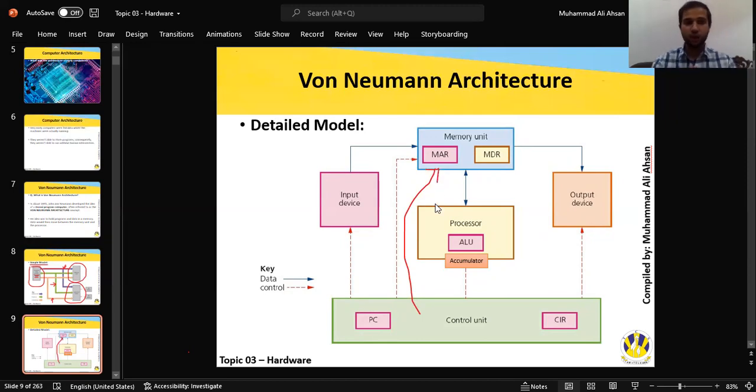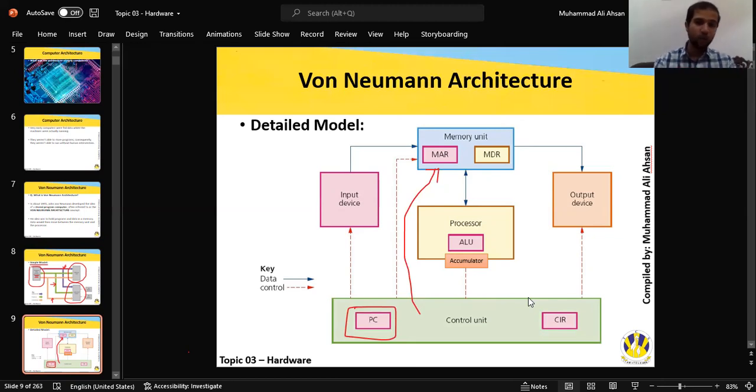Broadly speaking, we say that the control unit shares some data with the memory unit. But if you go into the details, this is not what is actually happening. Actually, these boxes that we see here are called registers.